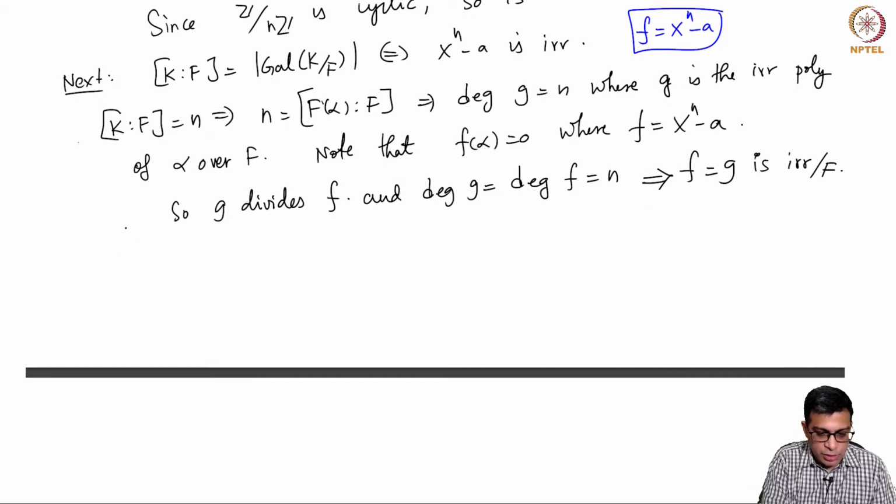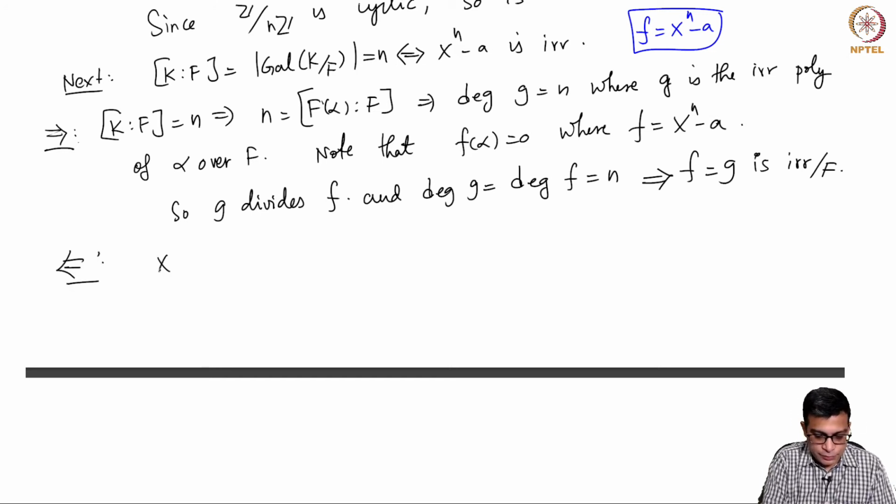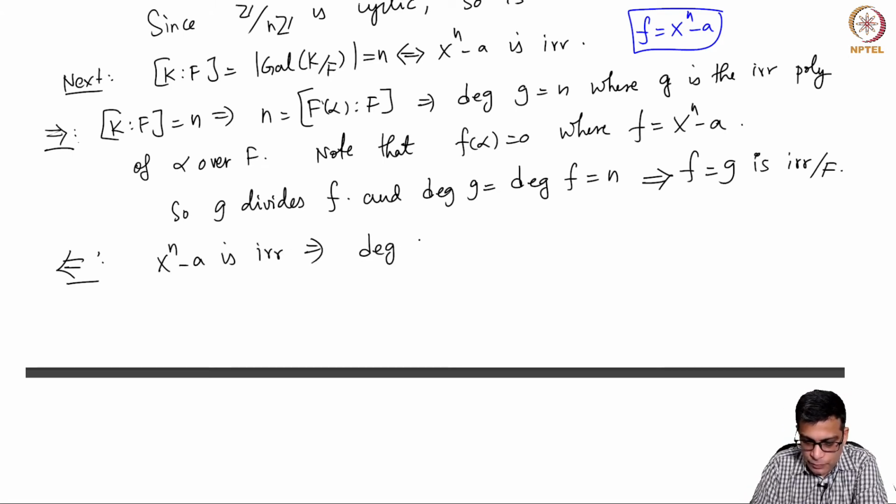On the other hand, this is one direction, right. If the degree of the extension or the order of the Galois group is n, then f is irreducible. Now, suppose this is irreducible.